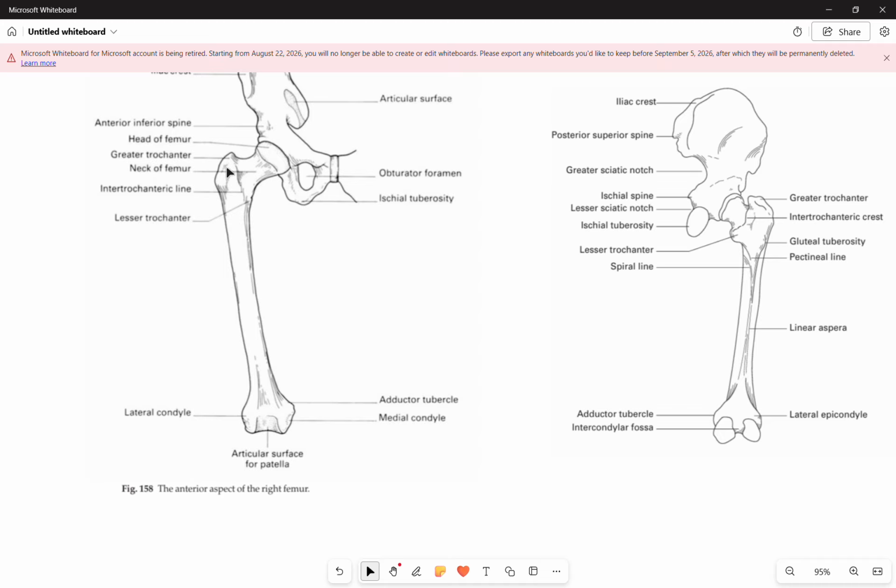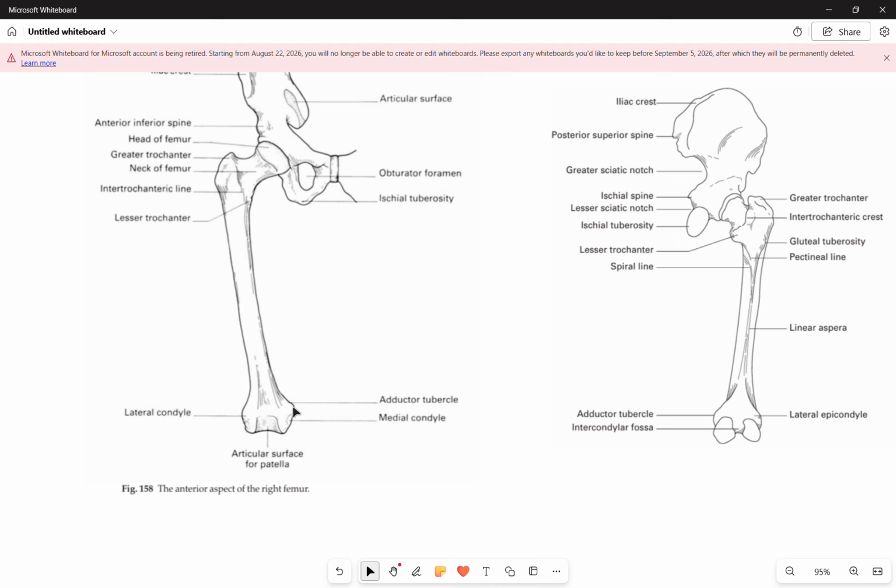So that's the anterior surface of the femur: intertrochanteric line, neck, greater tubercle, greater trochanter, lesser trochanter, and this ends up into two condyles, a medial condyle over here and a lateral condyle over here.